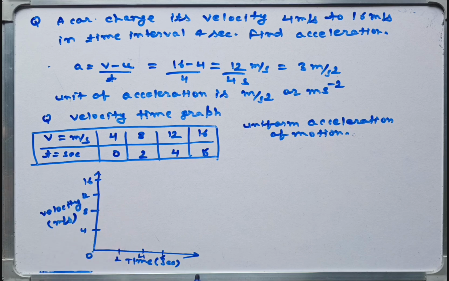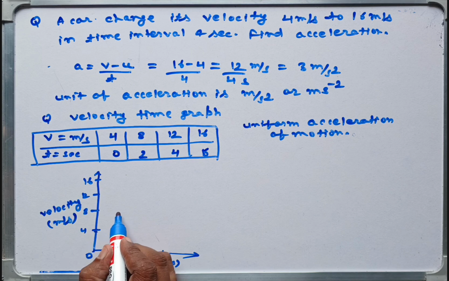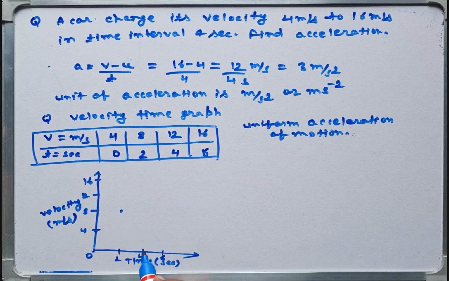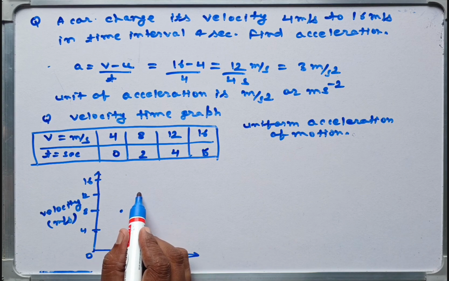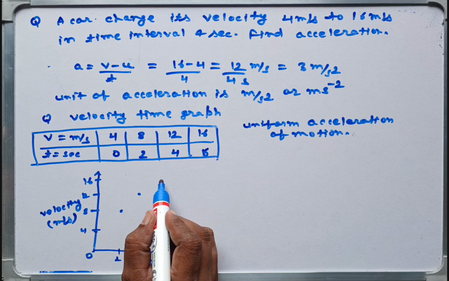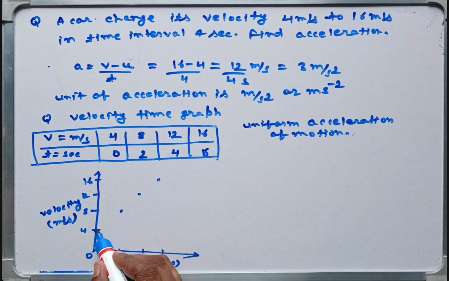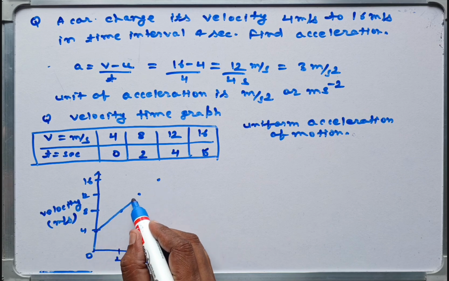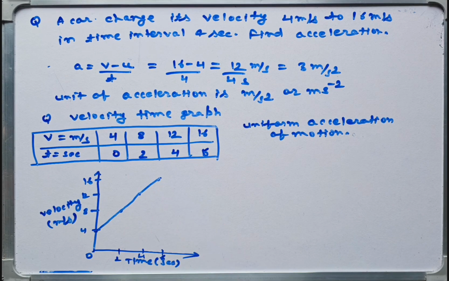So what you see guys, at t equal to 0 the velocity is 4, at t equal to 2 it is 8, then 12, and this one is 16. Okay, if we join all the points, then it becomes a straight line.